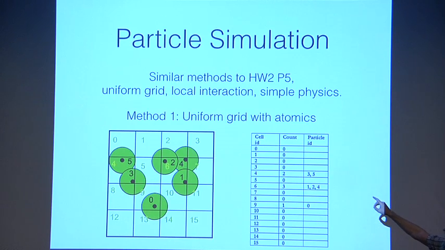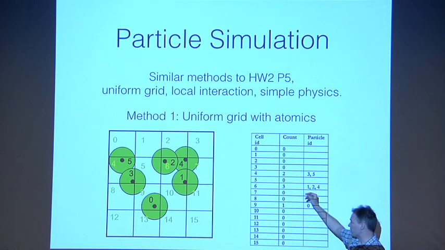So with the uniform grid, it's all local interactions, fairly simple physics. They have some grid, they have some objects. The first method, which he talks about in the paper but doesn't actually use in the code, is we'll have some amount of storage per grid node, and we'll use atomics to find out where we are.